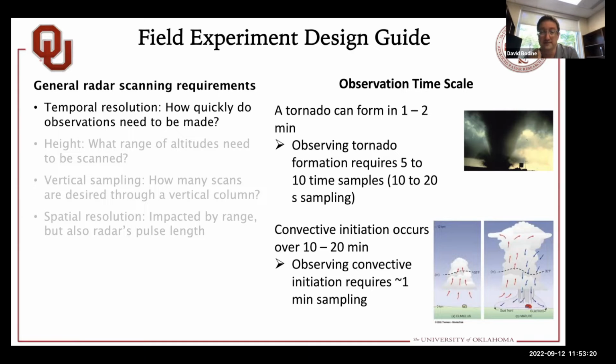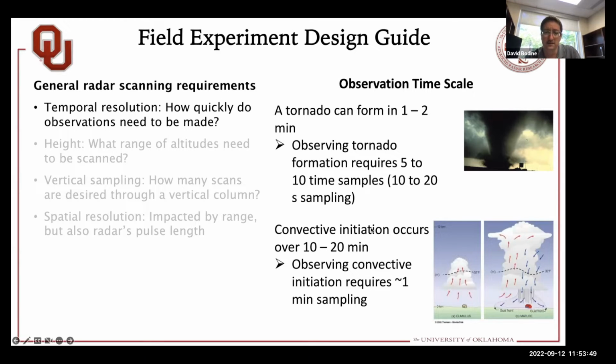If you really want to see how the tornado forms, you don't just want to see it wasn't there and then suddenly it is there 1 to 2 minutes later. You want to sample that pretty finely in time. You need about 5 to 10 time samples to get a good idea of what processes are occurring, so this would require about 10 to 20 second time sampling to see a tornado's formation.